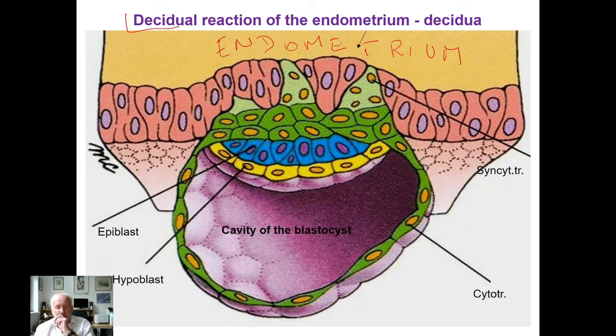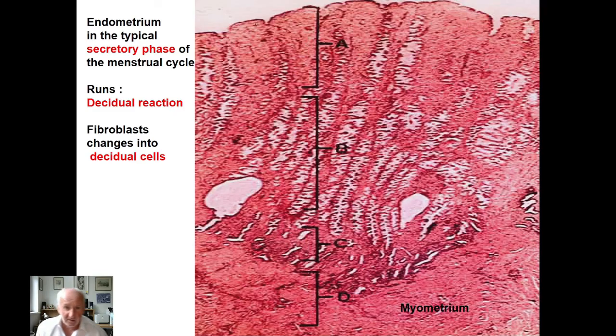The endometrium, in the moment the blastocyst wants to implant inside, is in a perfect secretory phase of the menstrual cycle. You see here the endometrium, so high. In a human, 7 to 8 millimeters.